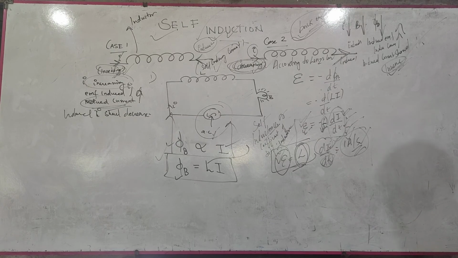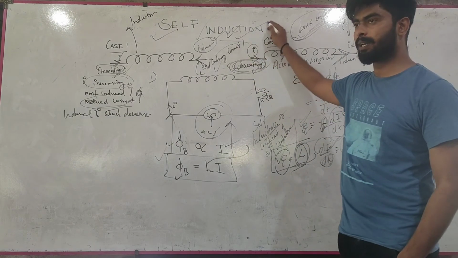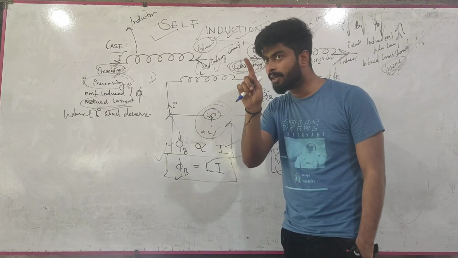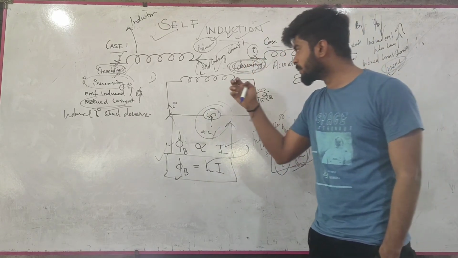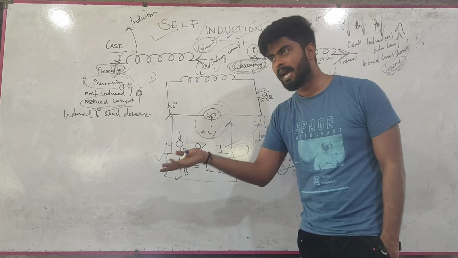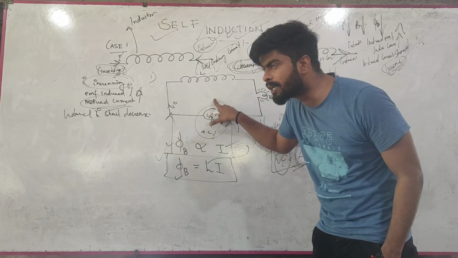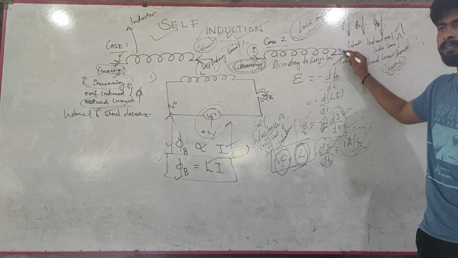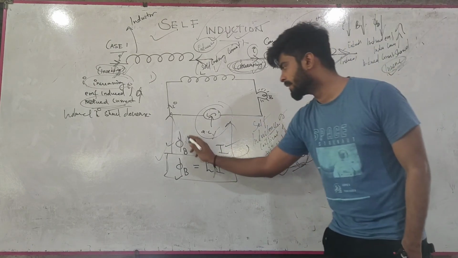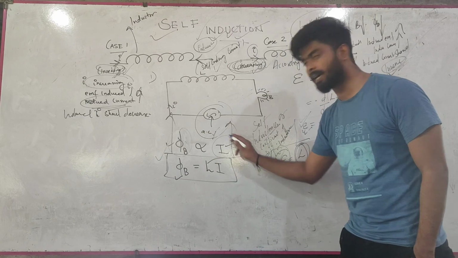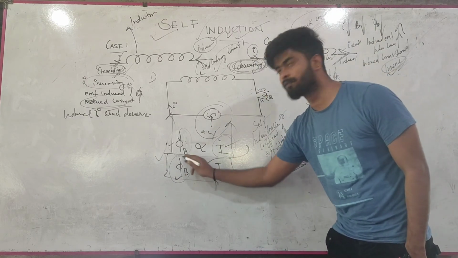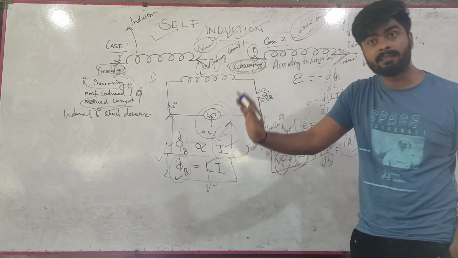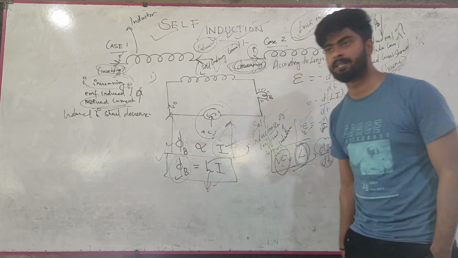Clear? So we have defined what is self-induction. Whenever the magnetic flux linked with a coil changes, an EMF is induced in that coil, and this is called self-induction. That EMF can be found from Lenz's law. Before that, we said the magnetic flux is directly proportional to the current, and from there we got an equation for magnetic flux, which is Li, where L is self-inductance or coefficient of self-induction.